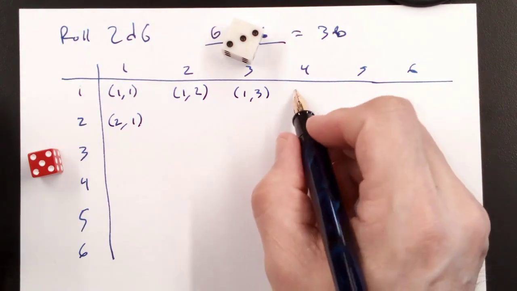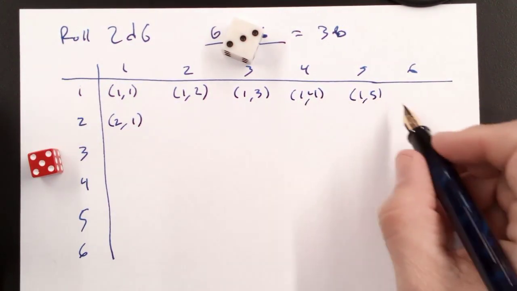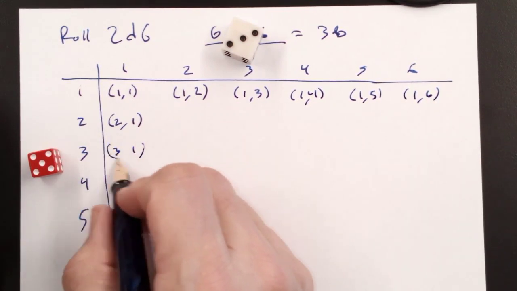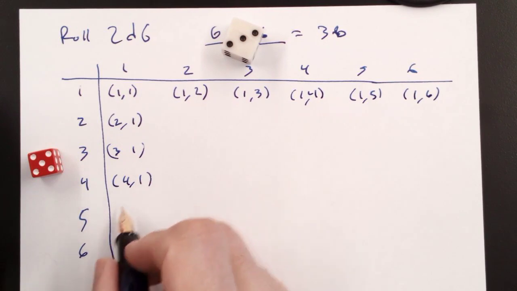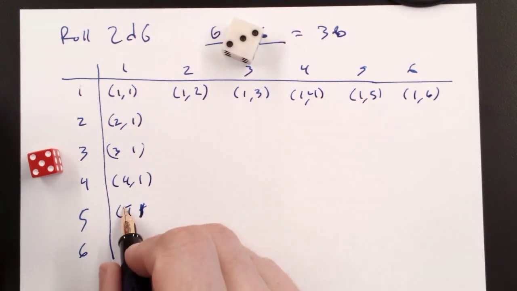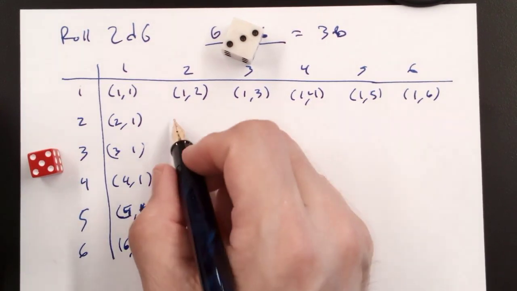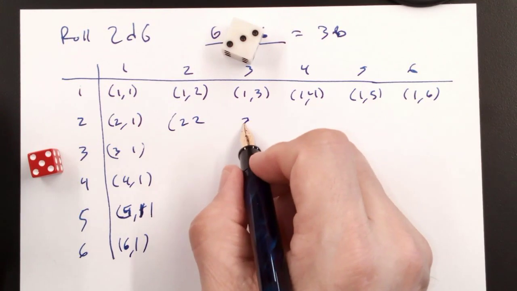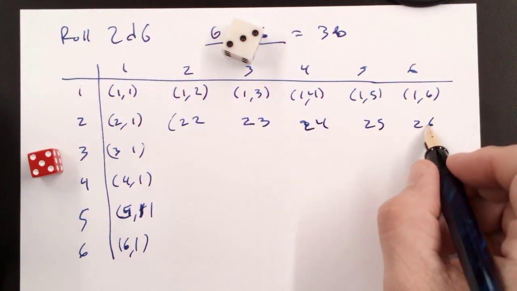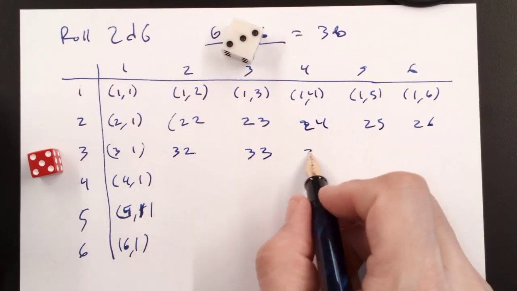Now, I've written the first number in my ordered pair to be the row, and the second one to be the column. 1,4; 1,5; 1,6. I'm going to leave off the parentheses at this point because it's just going to get in my way.